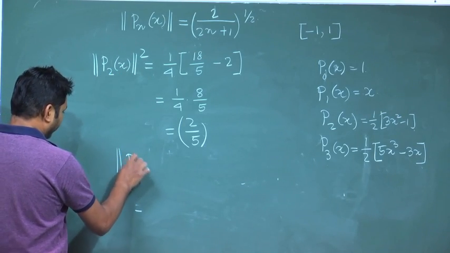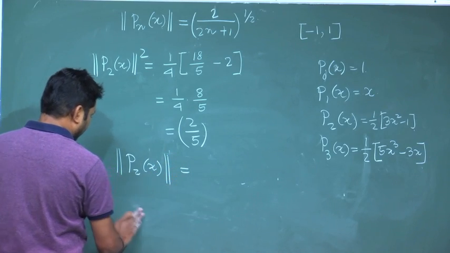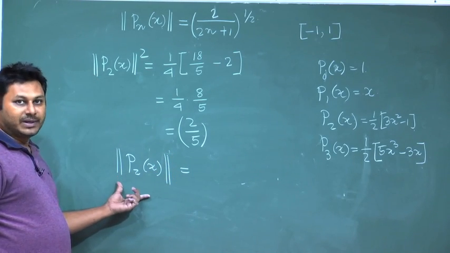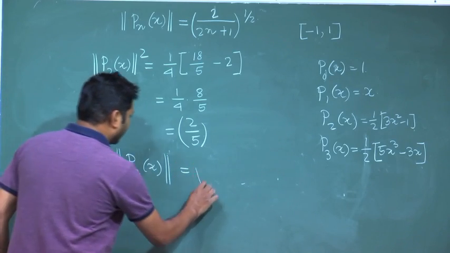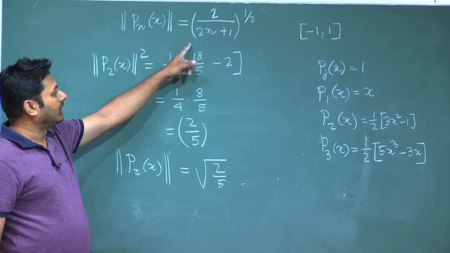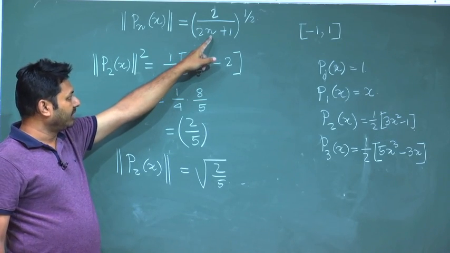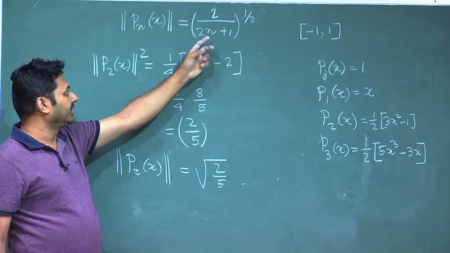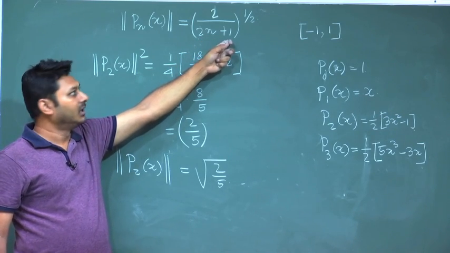So, the norm of P2 x is nothing but the root over of this quantity, and in the formula that I wrote here, 2 divided by 2n plus 1, if I put n equal to 2, then it will be 2 into 2 is 4 plus 1, 5, so root over 2 by 5.